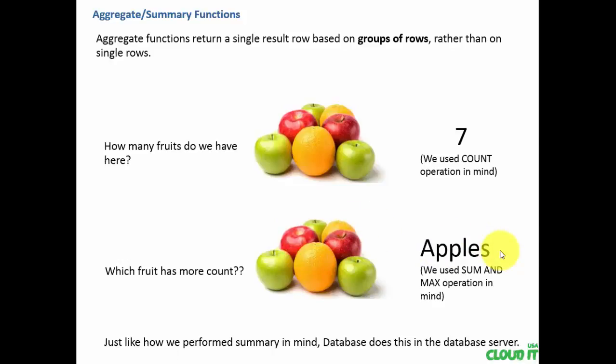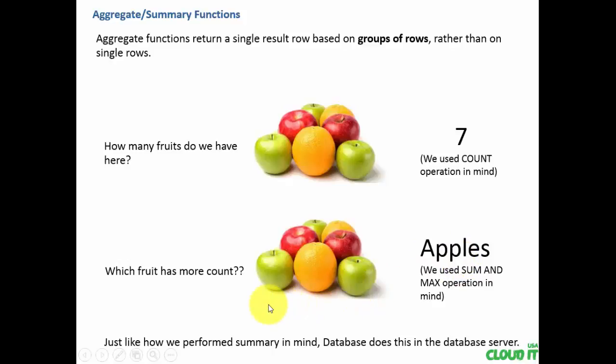Here we did two kinds of summary. First we did the sum and we identified there were 5 apples, and then we identified that there were 2 oranges. So to find out which fruit had more count, we did the maximum of 5 and 2, which is 5. So obviously apples was the answer.